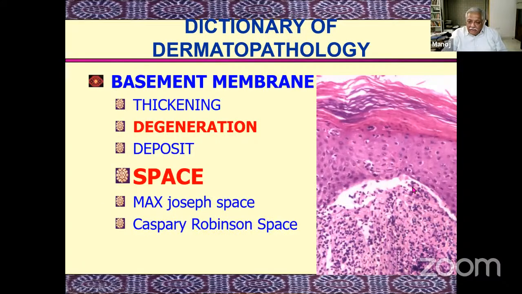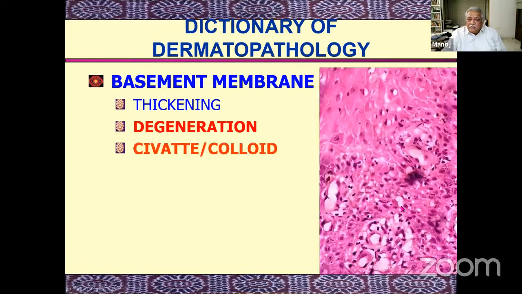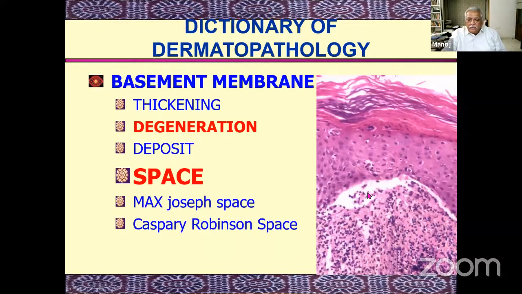And again, the same thing. You have a lot of inflammation here. So the basement membrane is not being able to be formed here. And this particular space actually is also of great interest. This is a fairly diagnostic lesion.